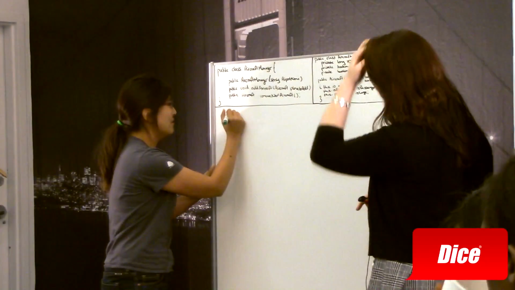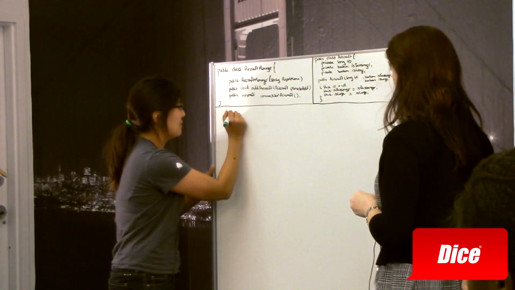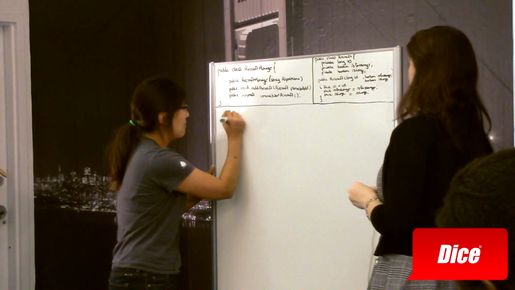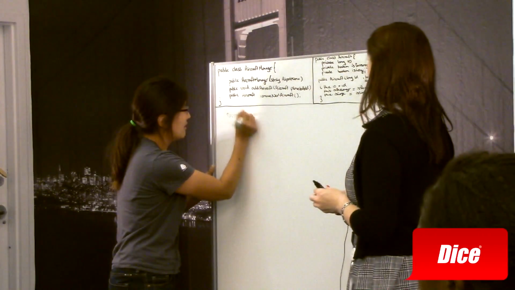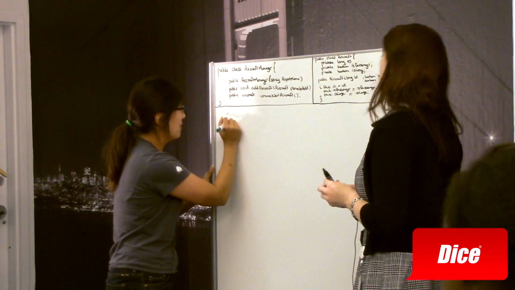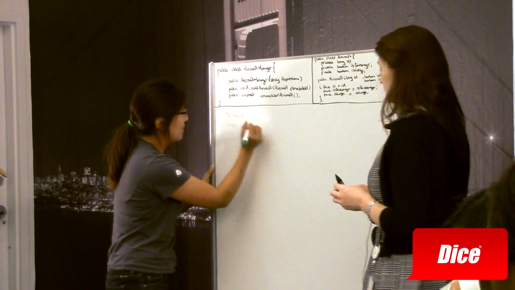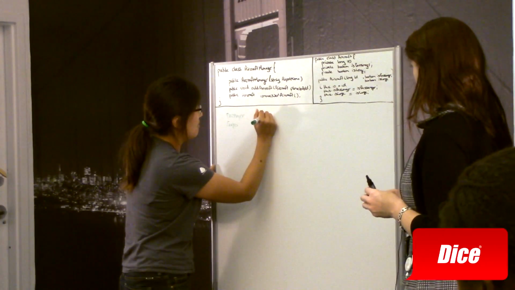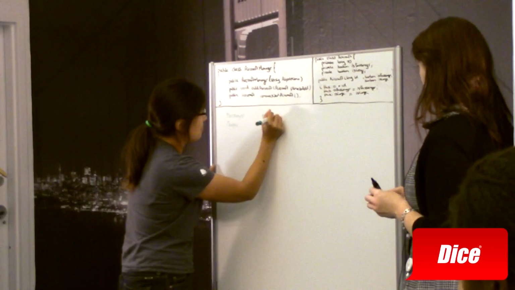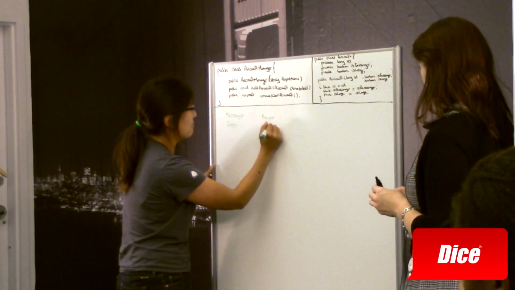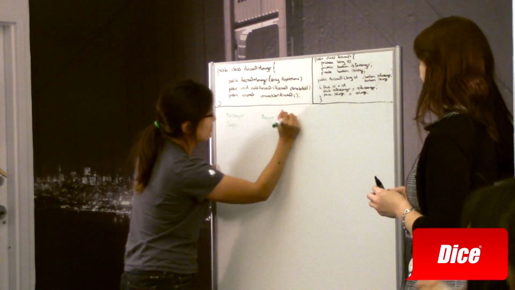Correct. So it's passenger, then cargo, and then bigger to smaller.